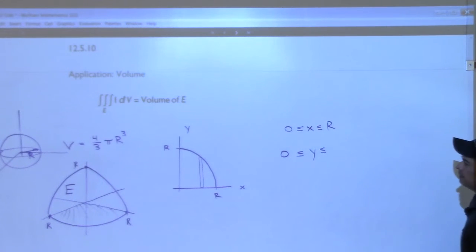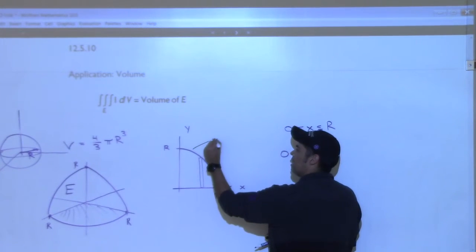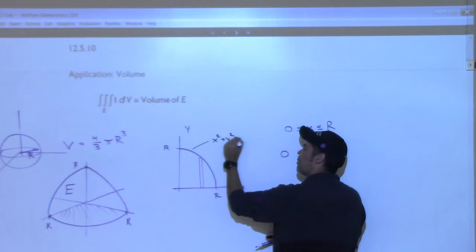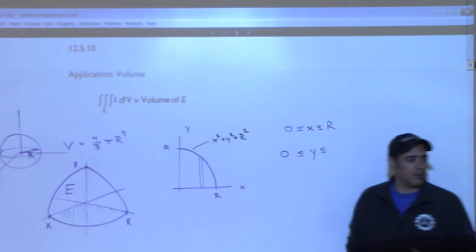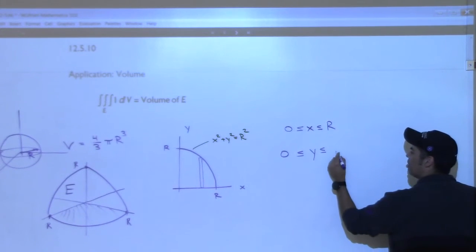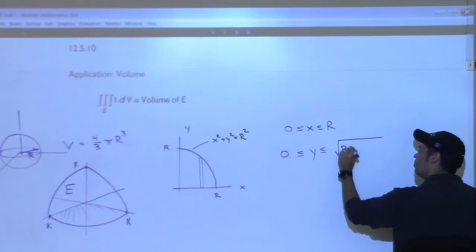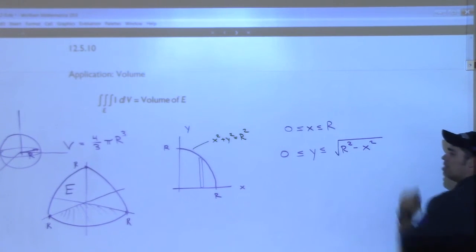Square root of R squared minus X squared. Yeah, so we have to remember that this circle here has the equation x squared plus y squared equals capital R squared, because it is just a circle of radius R, right? So if we solve that for y, we'd take a square root, but we would take only the positive case. We get the square root of capital R squared minus X squared, wouldn't we?